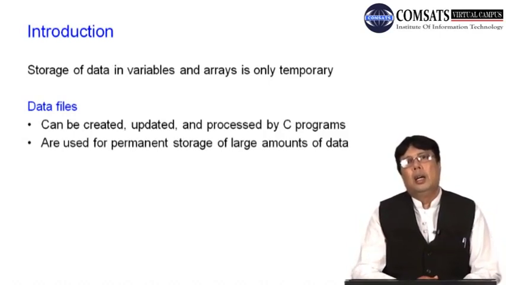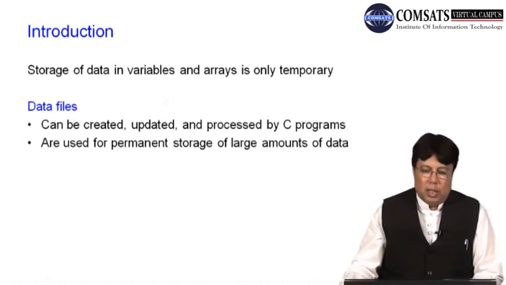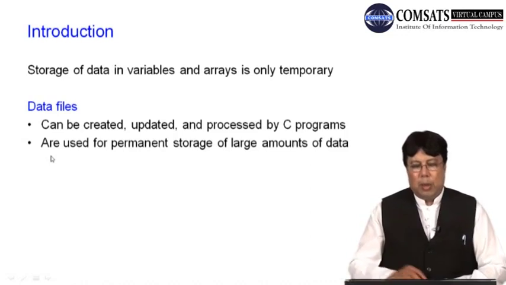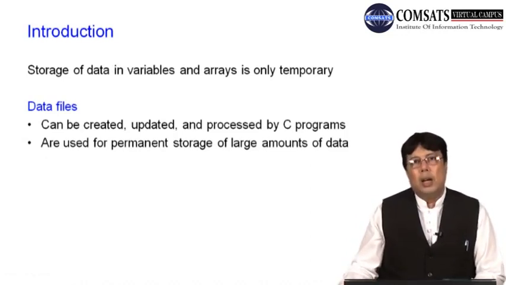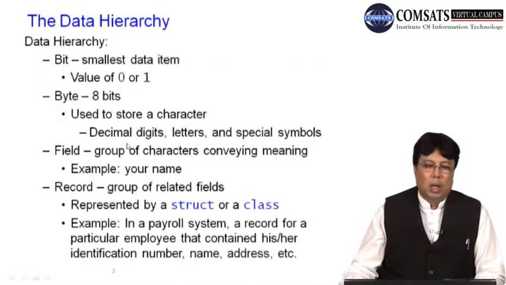Usually and mostly they archive it on the computer, on the disk, in the form of files, mostly data files. Data can be created, updated and processed by C programs, and this permanent storage is used to archive the data permanently, or as long as you wish to keep it.